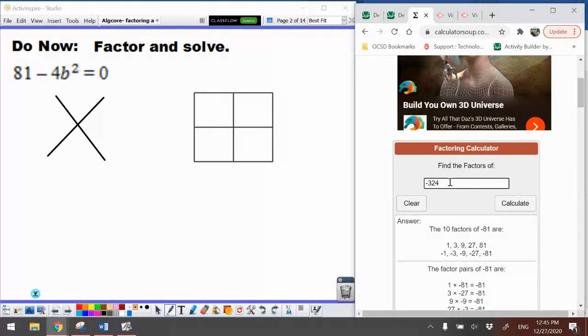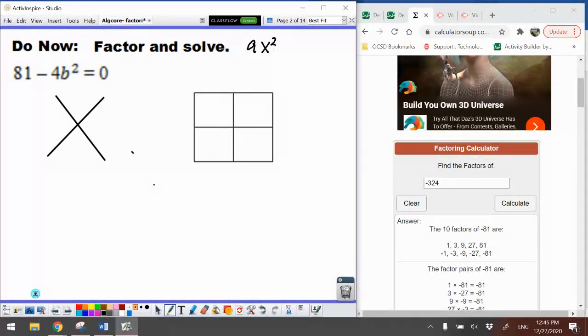Okay, so remember what I'm thinking about is if I need to have standard form, I need ax squared plus bx plus c, then I have my a and I have my c. I don't have a b. So what I have is a 0 and a negative 324 here.